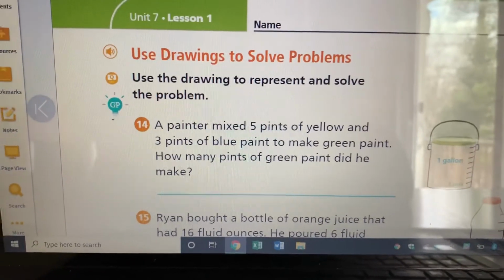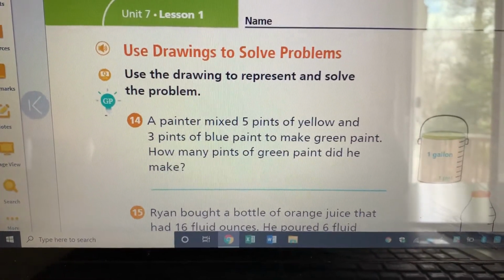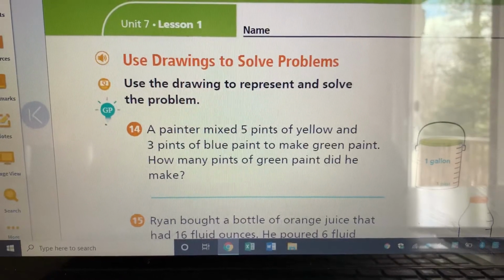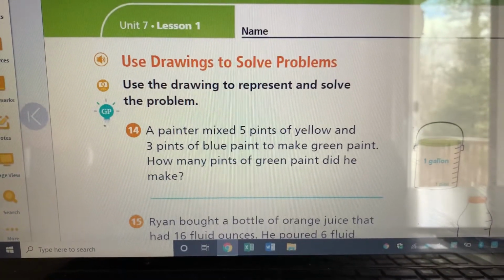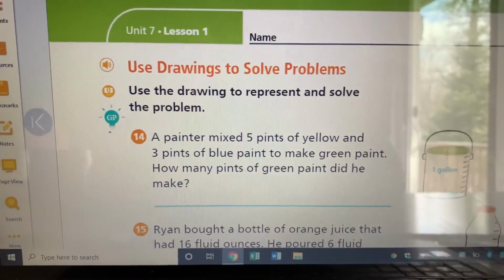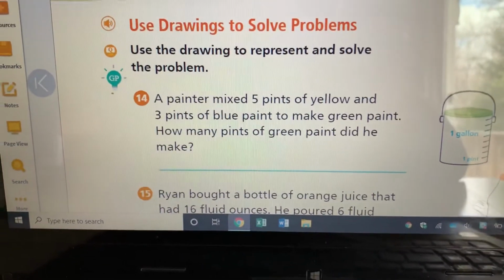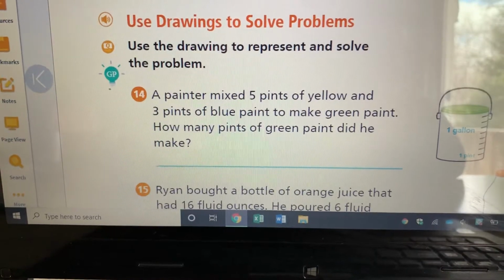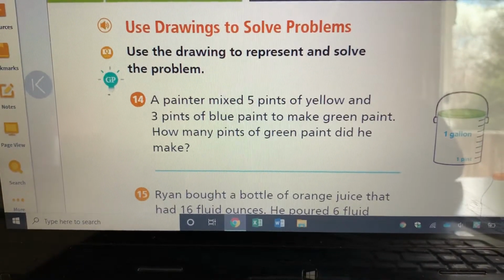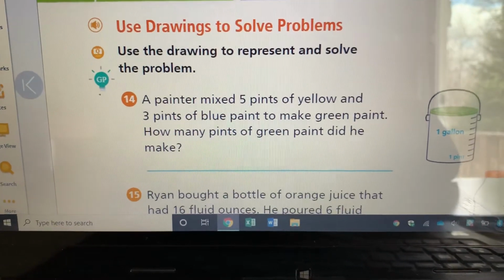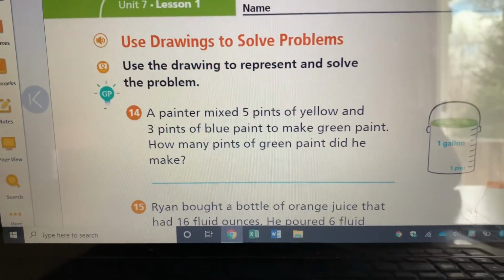A painter mixed 5 pints of yellow and 3 pints of blue paint to make green paint. How many pints of green paint did he make? I always like to go back and close read. A painter mixed 5 pints of yellow and 3 pints of blue paint to make green paint. So mixed them both together to make green. We learned that in art.